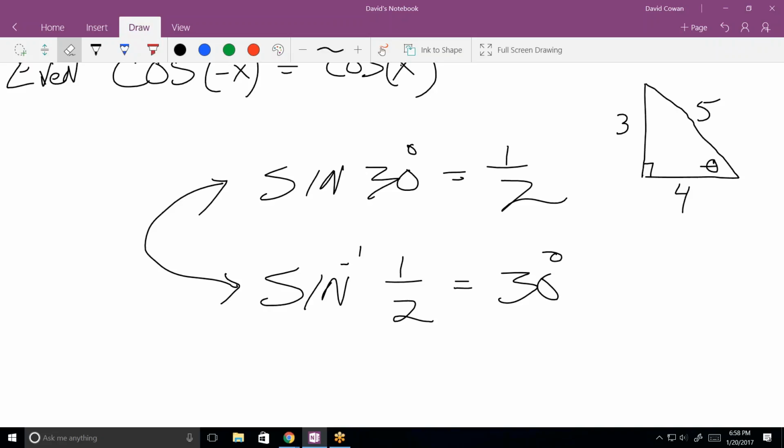Okay. Now, that's really cool. They're going to confuse you a little bit because the relationship between degrees and radians is a little strange. It's not probably what you're thinking it is.